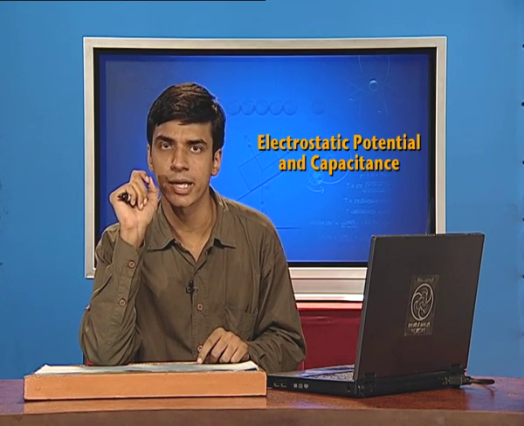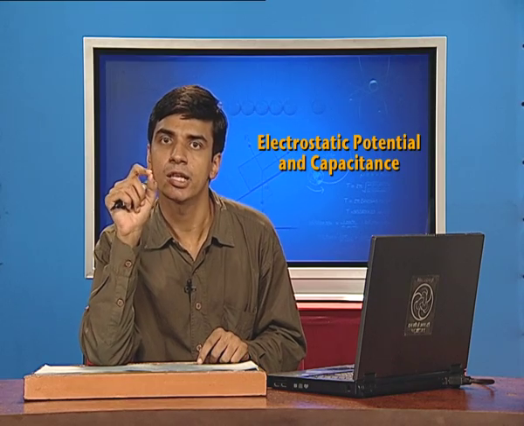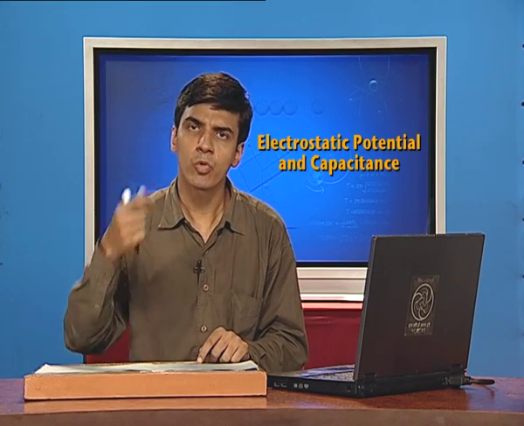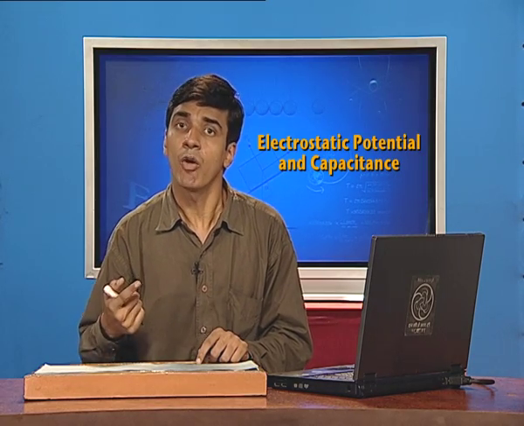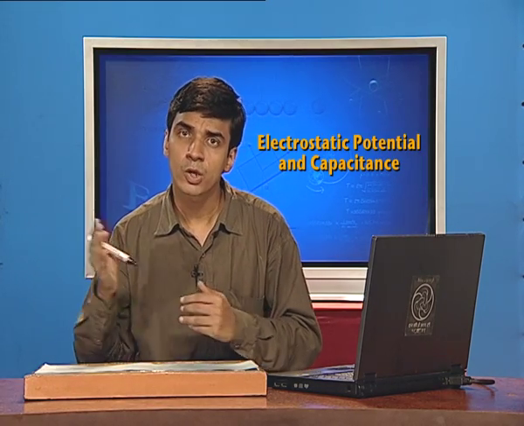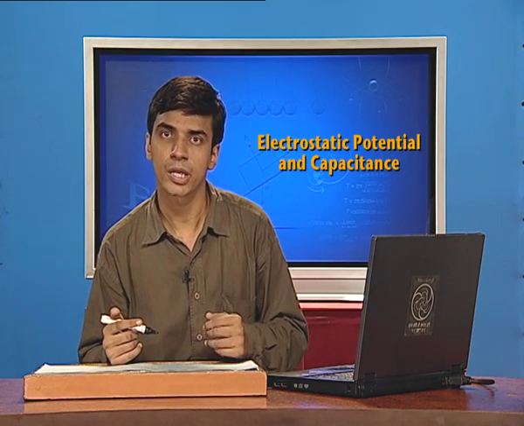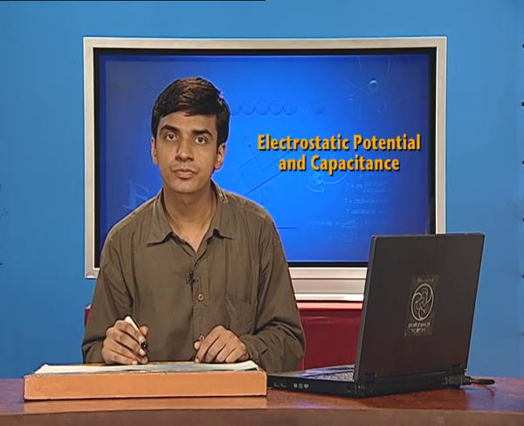What I will get is the total work done in moving the unit charge, that is the friend B, from an infinite point to a point A near the plus q charge.